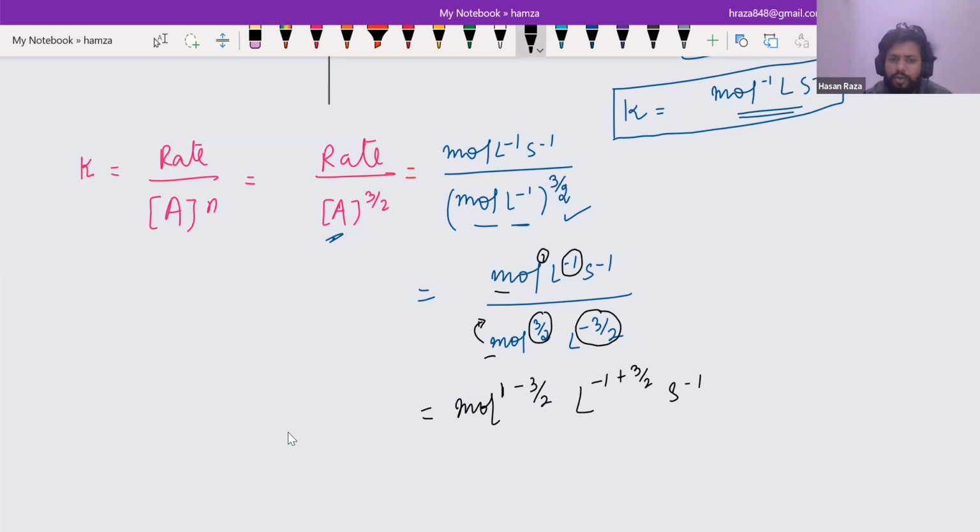Now you just need to solve this equation. 1 minus 3 by 2, that means minus 1 by 2, and 3 by 2 which is positive minus 1, that means plus 1 by 2. So basically your answer will be mole raised to the power minus 1 by 2, liter raised to the power 1 by 2, per second.